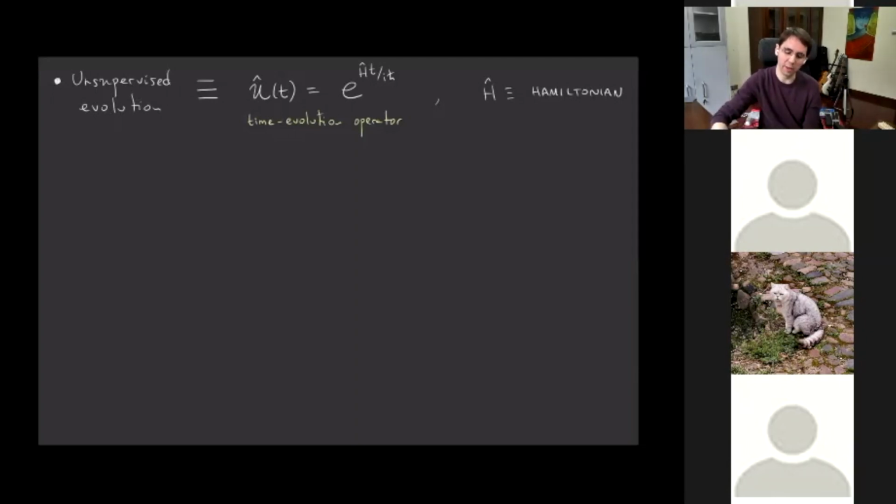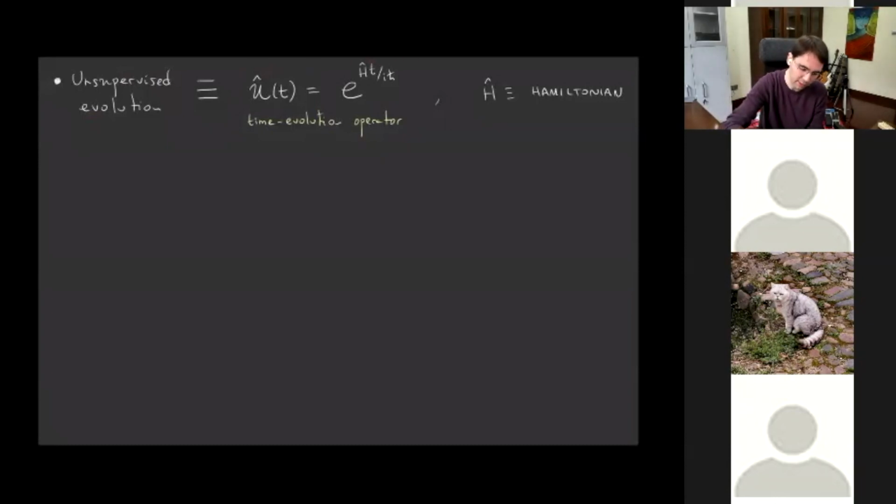Or maybe if you have some degrees of freedom that are purely quantum and have no classical analog, then you have to find it based on empirical observations and maybe symmetry principles, so reasonable theoretical arguments. But in any case, unsupervised evolution is equivalent in quantum mechanics to this time evolution operator.